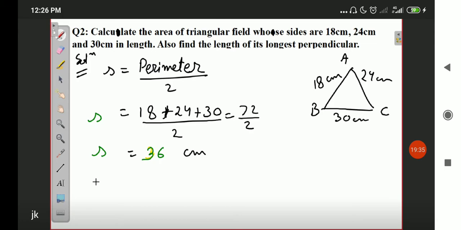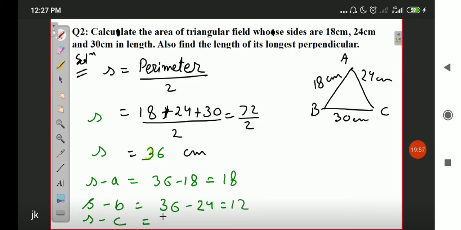Now, the next step, we have to determine the value of S minus A, that is 36 minus 18, 18. S minus B, that is 36 minus 24, this will be 12. And S minus C will be 36 minus 30, that will be 6.